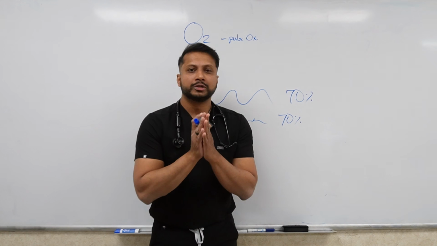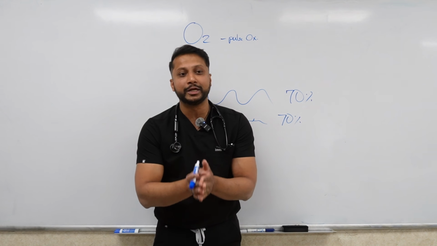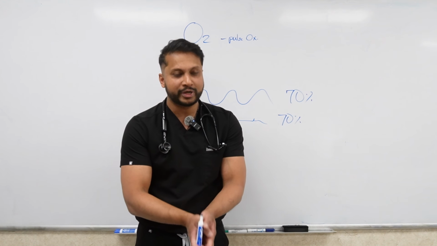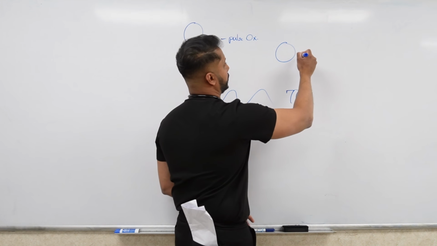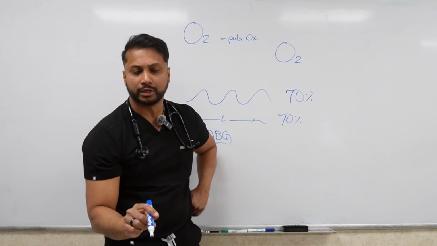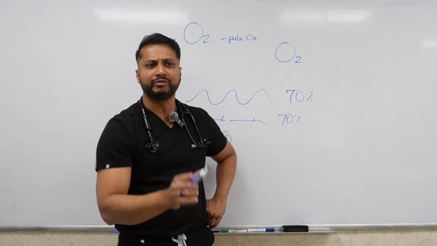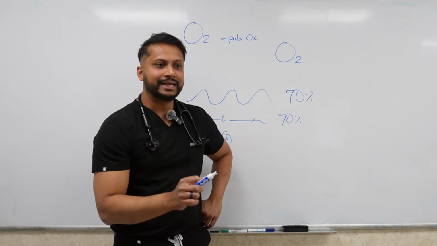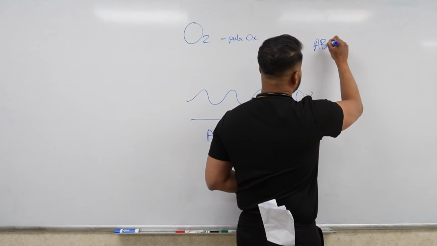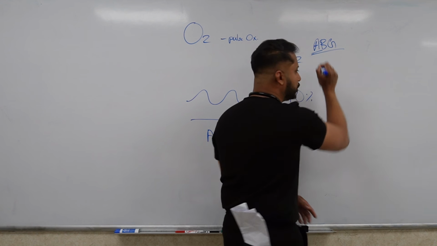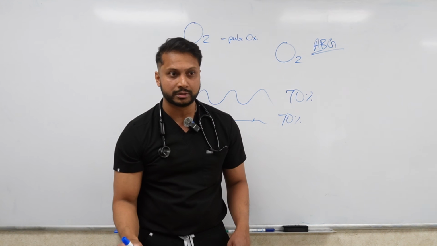ABG. This question puts the internet into a frenzy. The question is, if somebody is hypoxic and you want to assess oxygen, do you want an ABG or do you want a VBG? You must get an ABG. If you're looking for oxygen, you want an ABG, you want to know what your arterial oxygen is.